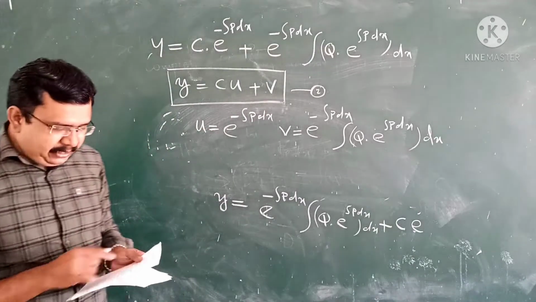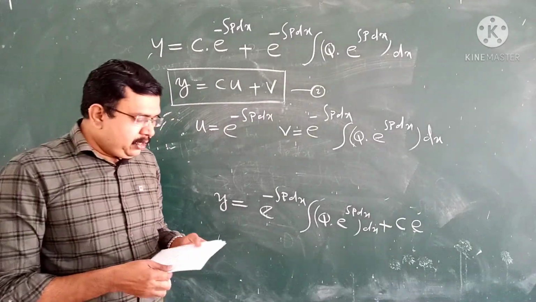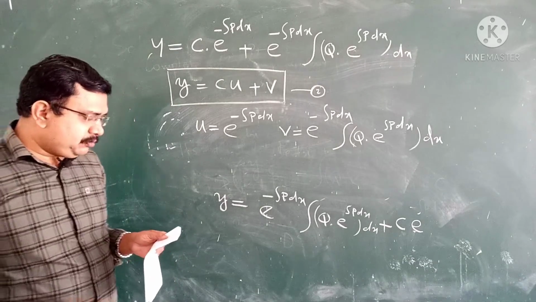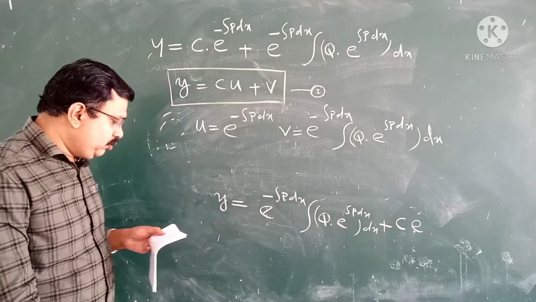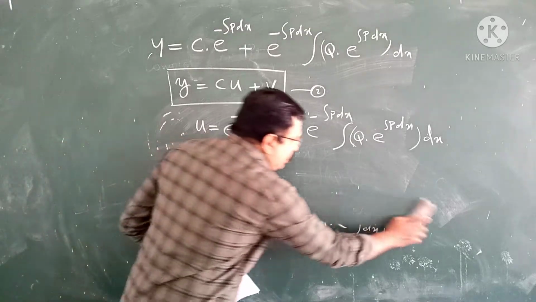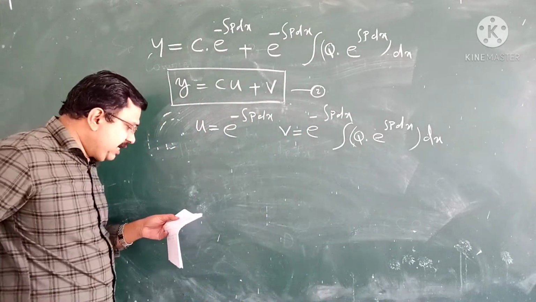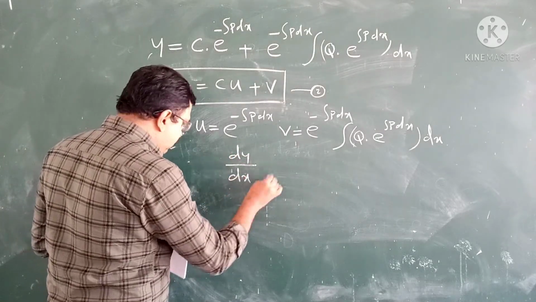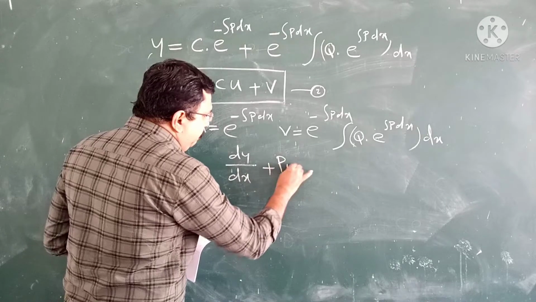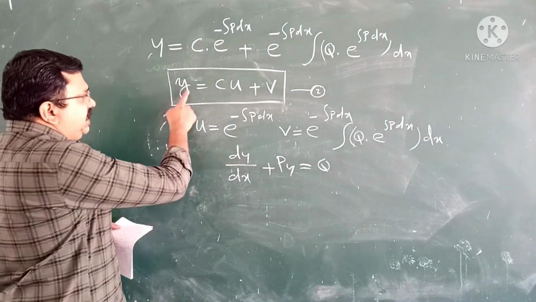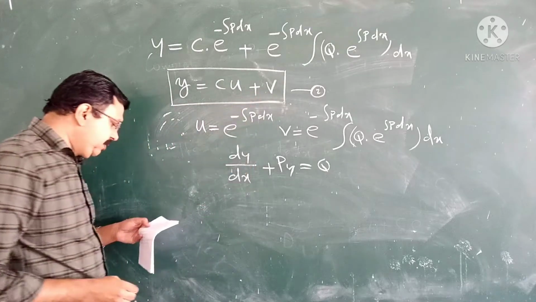Remember that dy by dx plus py equal to q is our equation number 1. We start from dy by dx plus py equal to q, then we get y equal to cu plus v.